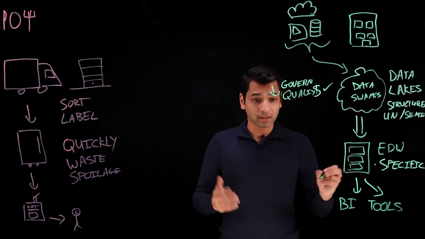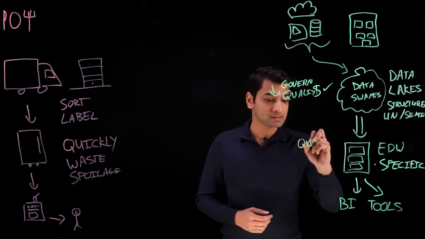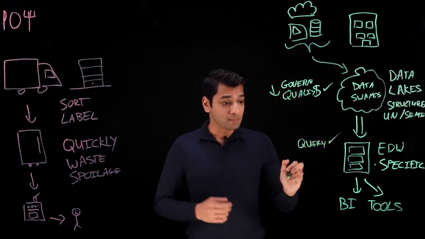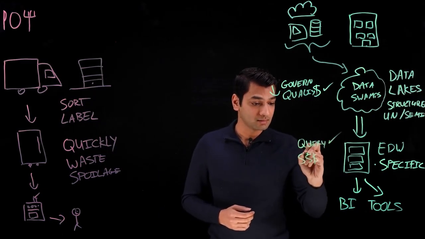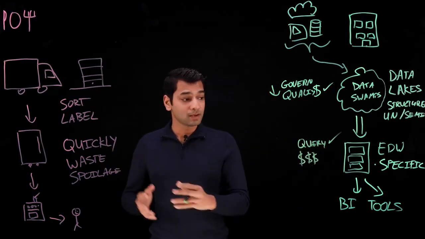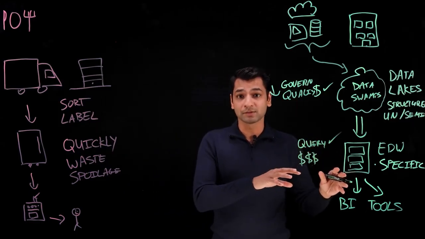Now, these are really great at query performance. They're exceptional, but they can come at a high cost, right? Just like those big freezers can be very costly to run, we can't put everything into a data warehouse.